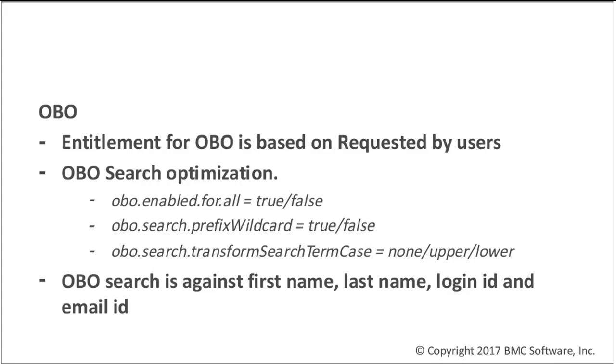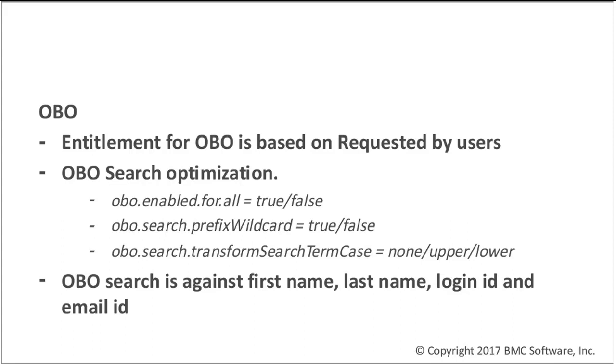In some cases, in your People form, the email ID or the first name and last name may be stored in uppercase. But from an end user perspective, the user does not know about this, and they may type it in uppercase or lowercase. If you want to transform that, you can do that using the third property, called OBO search transform search term case, to upper or lower.